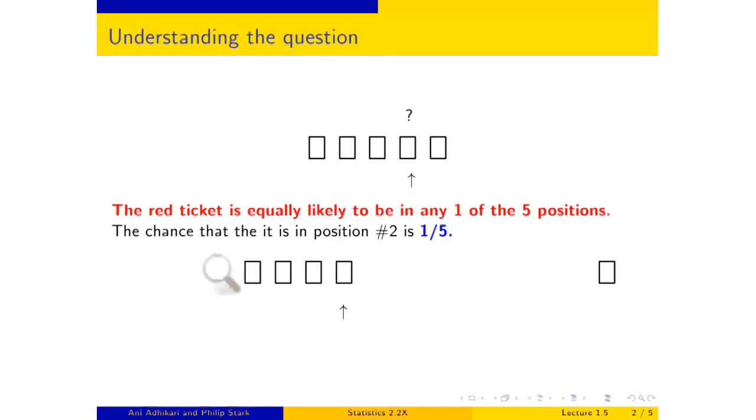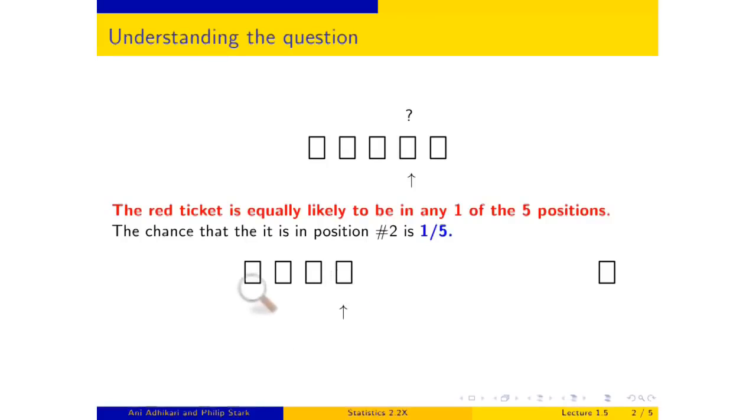All right, so they were all shuffled. And this guy, I took it out and I moved it all the way over here. Same question. What is the chance that this one is the red ticket? Lo and behold, same answer. Where could that red ticket possibly be?